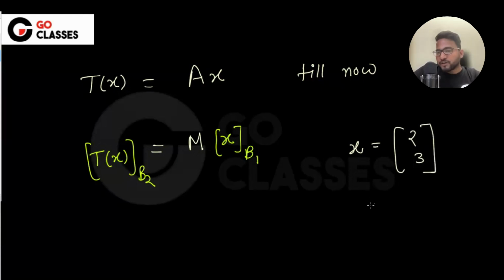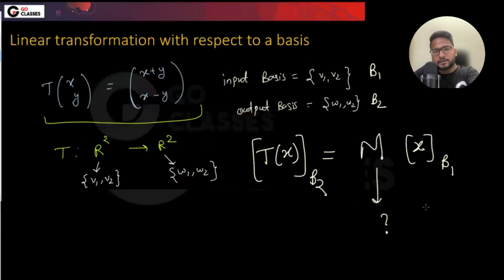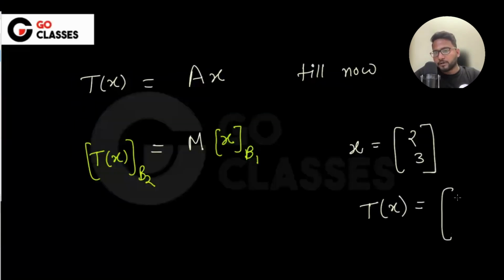You will first calculate T of X. What will it be? I think it will be X plus Y, X minus Y, right? So it will be 5 and minus 1. You will be calculating T of X, 5 and minus 1.